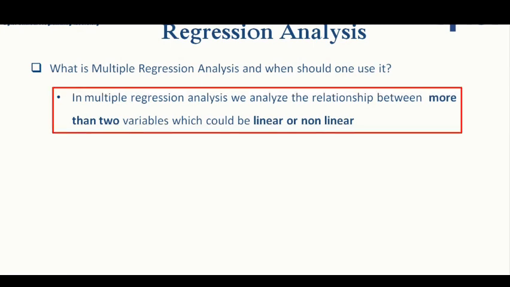So, in multiple regression analysis, we will now analyze the relationship between more than two variables, which could be linear or non-linear. Again, we are not going to go into the non-linear situation. We will consider multiple linear regression analysis.